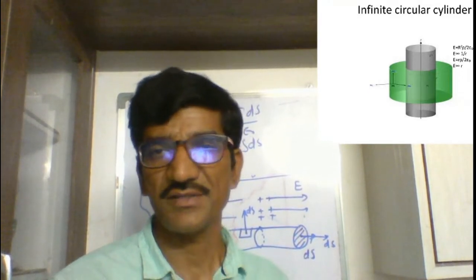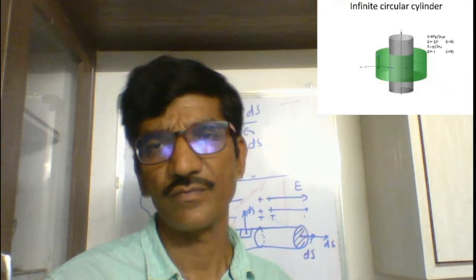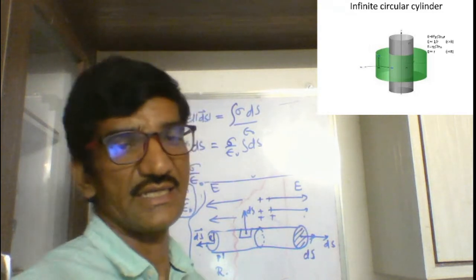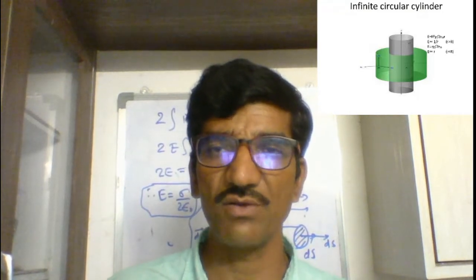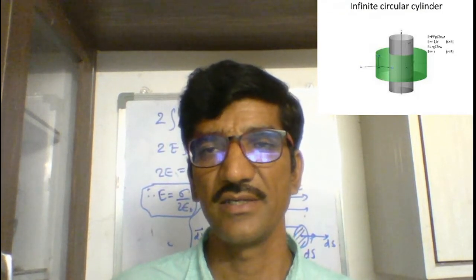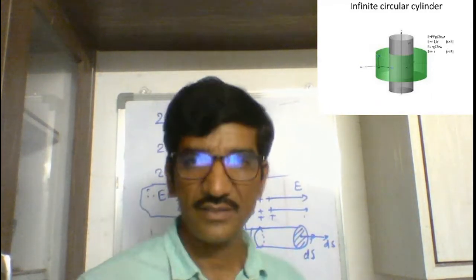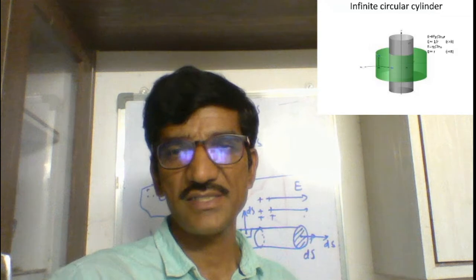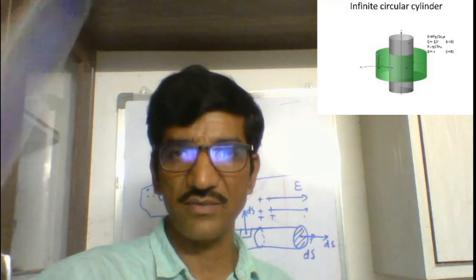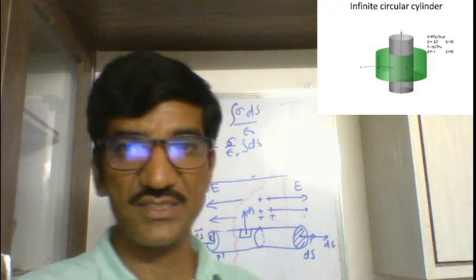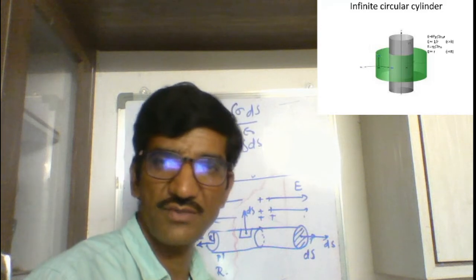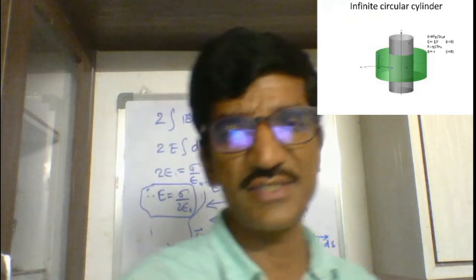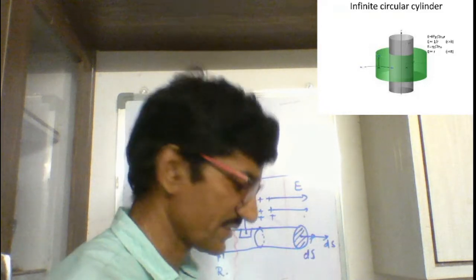This is an infinite circular cylinder or charged cylinder. Now, for this charged cylinder, we have to apply the Gauss law of electrostatics. Here we are imagining that this is spreading along the y-axis up to infinity. That's why we call this an infinite circular cylinder. So why do we have to consider this object to be infinite? I already told you that. The reason is the same as in the previous case.